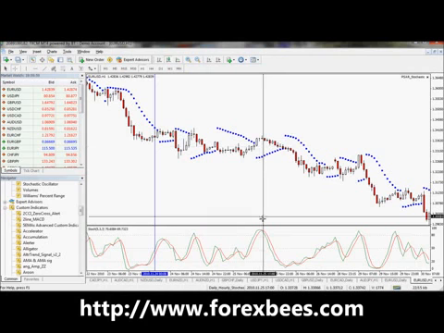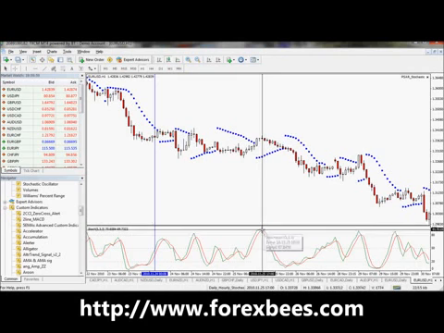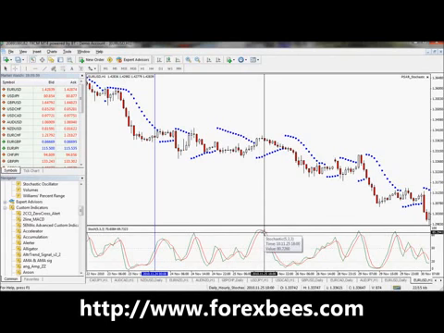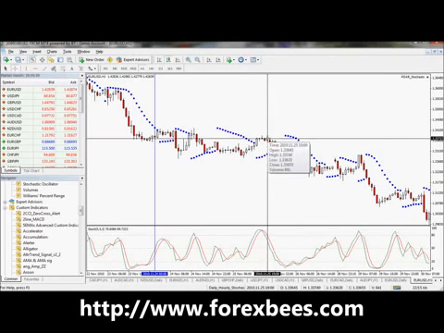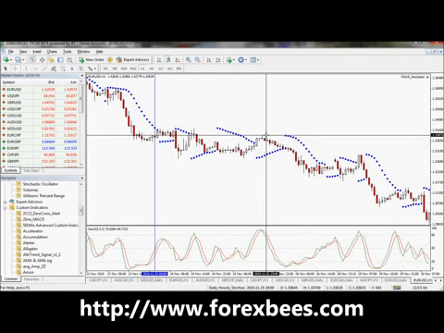This is where the fast and slow moving averages of the stochastic oscillator have crossed, and once that is completed, here you can enter a short trade and use a stop loss about this candlestick. Or if this is really close to your entry, then you can use a stop of 20 pips or 30 pips from your entry.